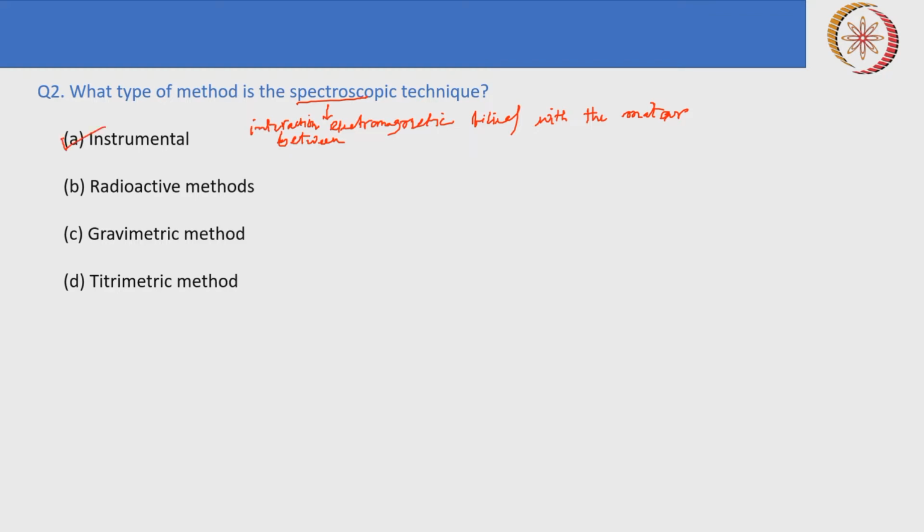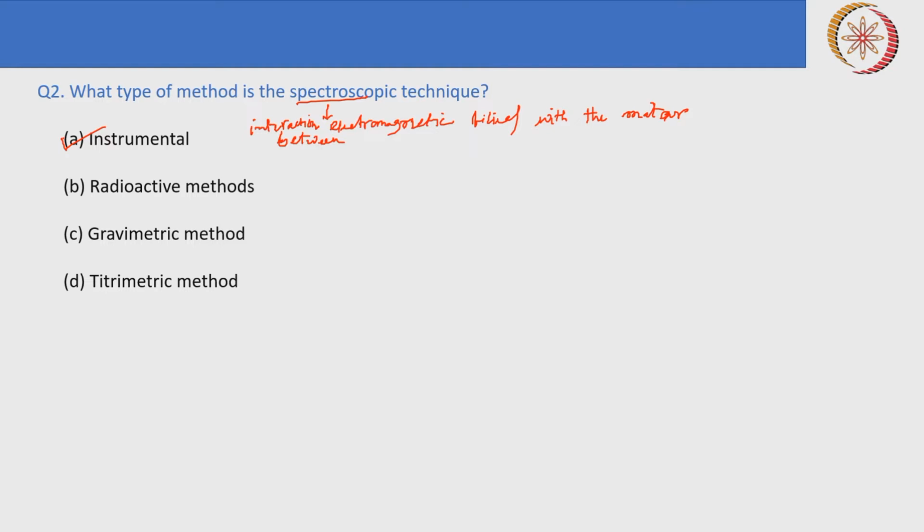So this is the spectroscopic technique, basically the instrumental method. And this is gravimetric, basically the change of your analyte, meaning change of your mass with some parameter, like some temperature or pressure, that kind of thing.